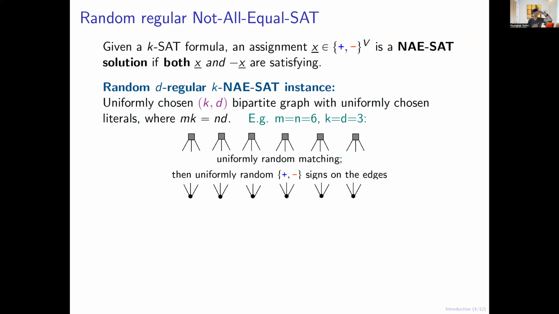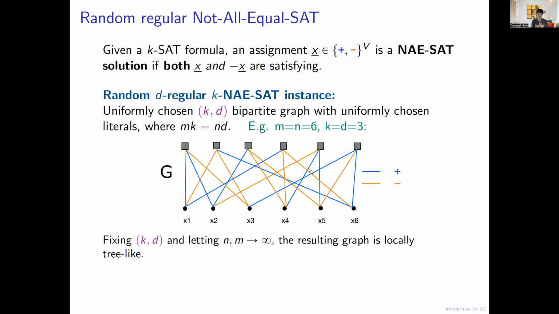We put 6 clauses on the top, 6 variables on the bottom, and we put 3 hanging half edges on each clause and each variable. Out of the 18 half edges on the top and 18 half edges on the bottom, we do a uniformly random matching between these 2 sets of half edges. Then we put uniform random plus or minus signs on the edges. So the resulting signed bipartite graph looks as follows.